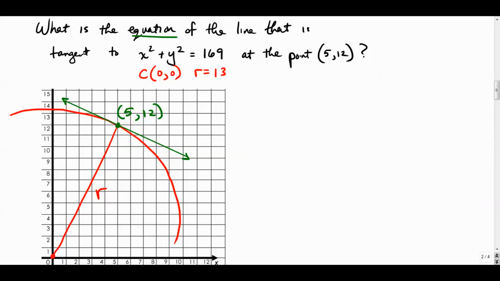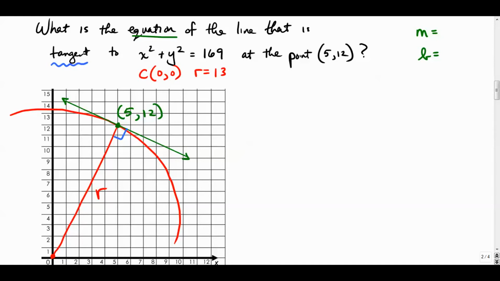Well, equations of a line basically just need your slope and where your y-intercept is. So our slope is pretty simple. Let's see if we have any sort of recollection of what it means to be a tangent. Tangents are perpendicular to the radius at that point of tangency.